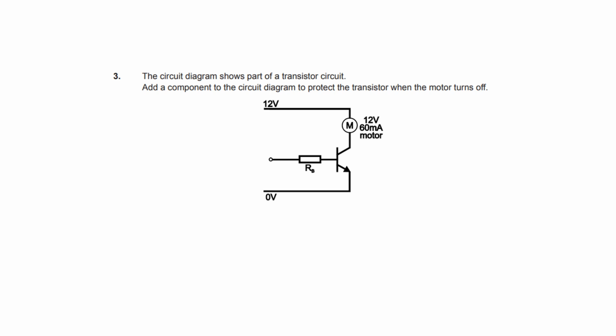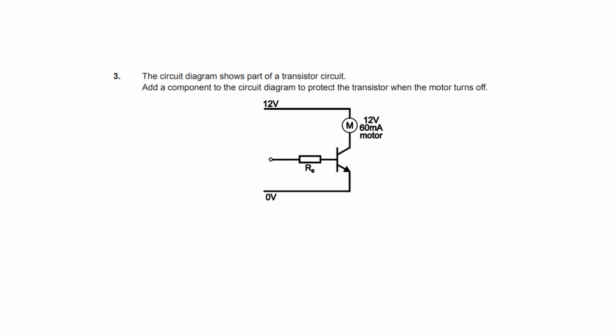Okay, so we need to protect this transistor, and what happens is when a motor or anything with a coil of wire, you get a magnetic field, electromagnetic field, and when you collapse that field, break the current or break the circuit, the current wants to go back up the other way.